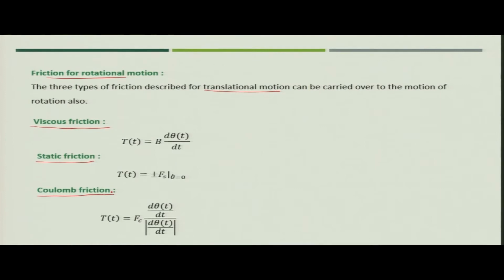Then Coulomb friction: the torque T at any time can be given as Fc d theta by dt divided by mod of d theta by dt. This is how we define viscous, static and Coulomb friction in a rotating body.